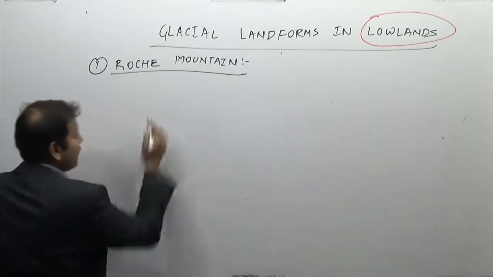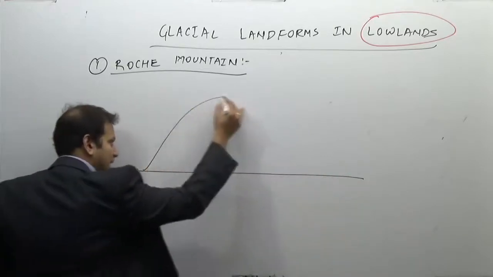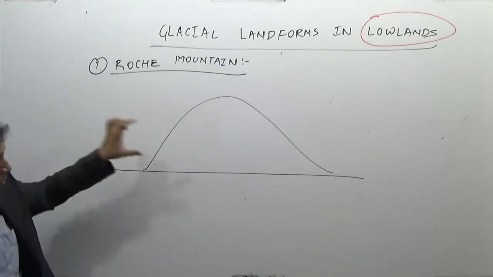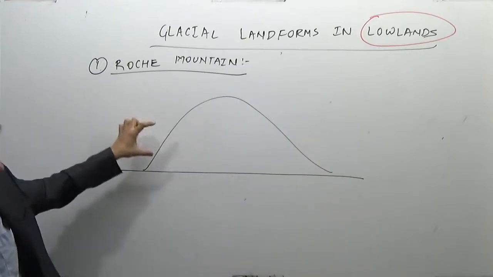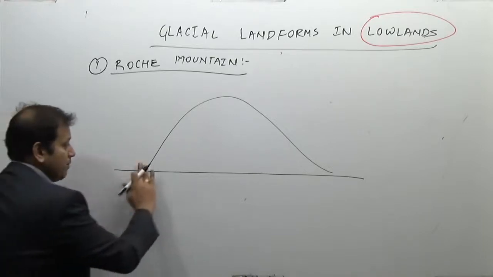It was made up of hard, resistant rock, it could not be eroded easily, and over a period of time the glacier eroded this landform to give rise to a peculiar shape.